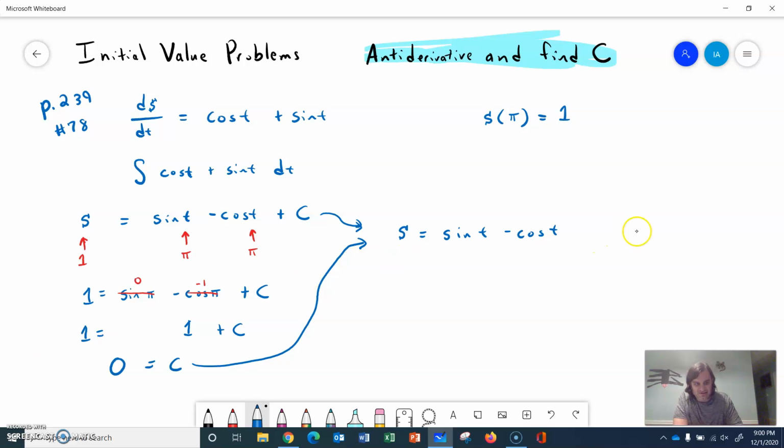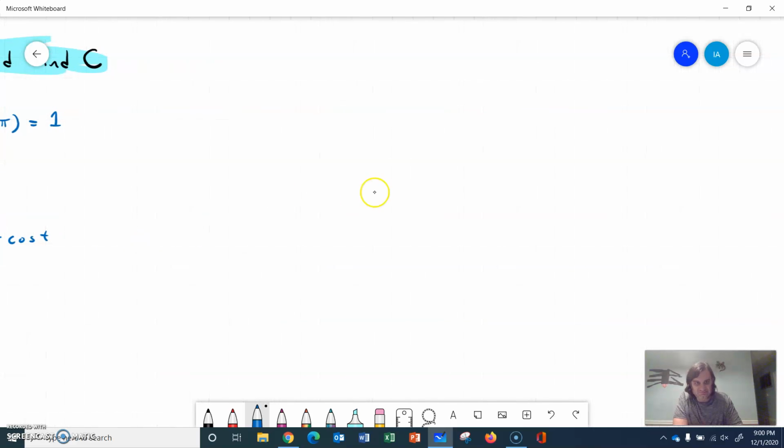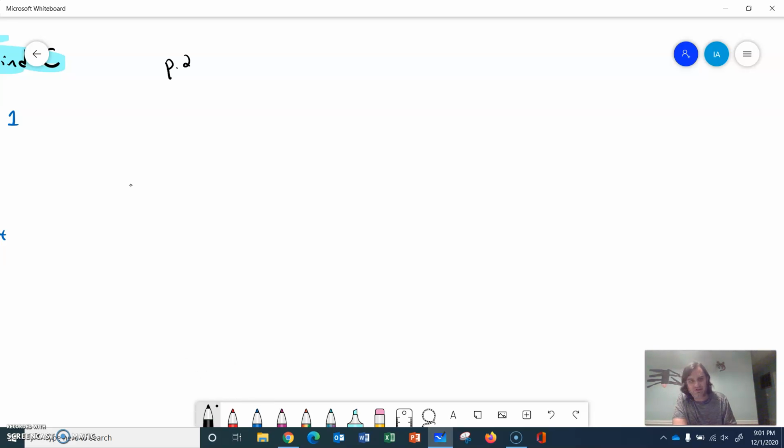Alright, so let's do another one here. Let's hope we find one a little bit more interesting, but still doable. This one is going to be page 239 again, and I'm going to pick number 75 for some reason.